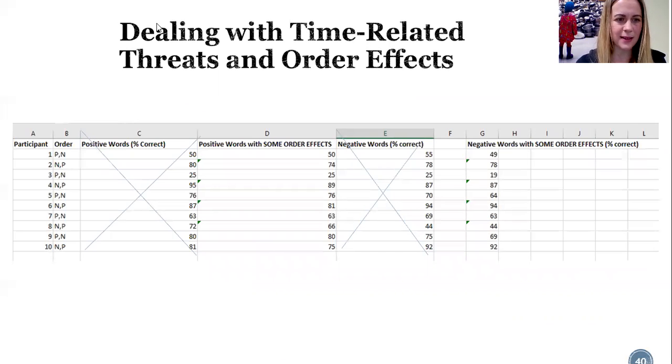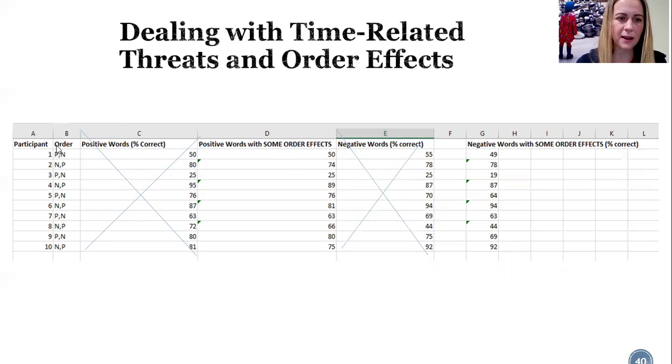So here are our participants. Here's the order they get. These are the scores I just showed you before. And I've put an X through to say we're going to change them a little bit depending on the order that they receive. So imagine that people are getting bored throughout their experiment, and whatever condition they get second, they're going to perform worse than the condition they got first.